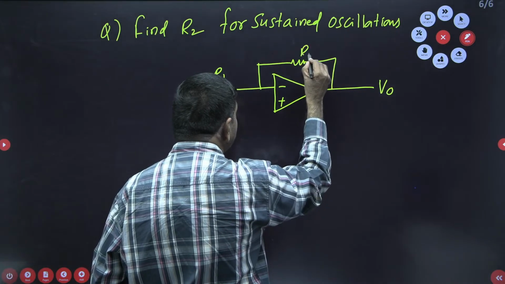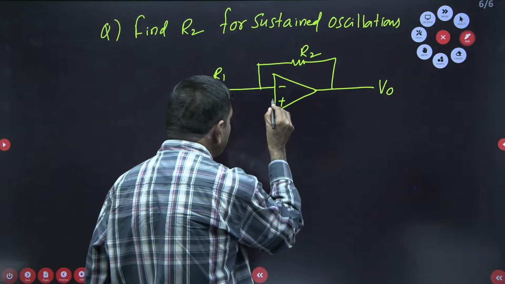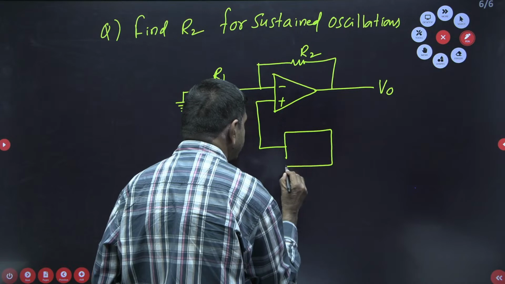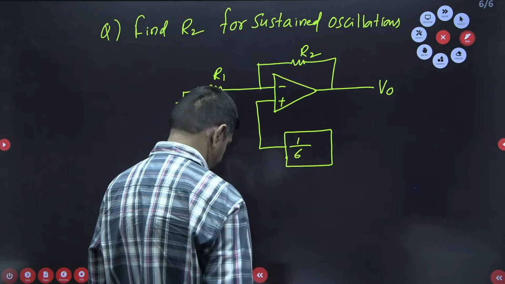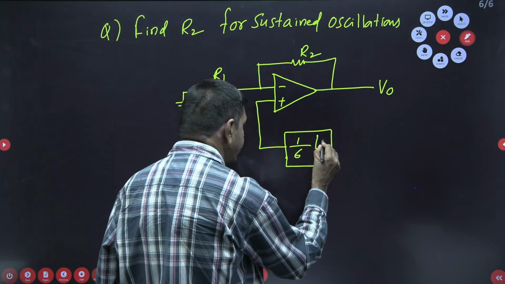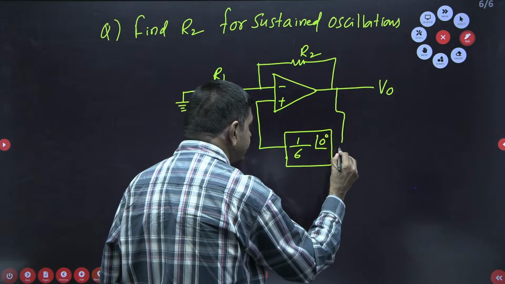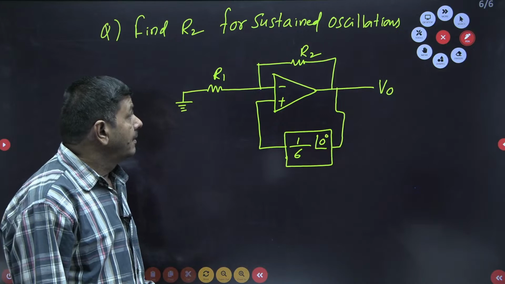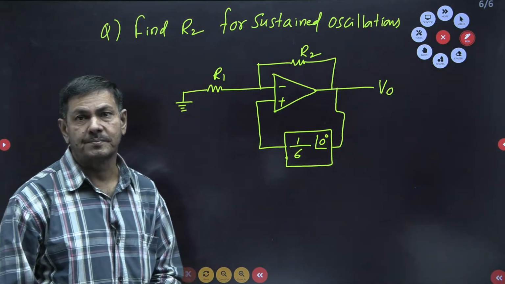And the feedback circuit is given like this. One box is connected like this. The given value is 1 by 6 at an angle of 0 degrees. Such a network is given here now. It is asking to find the resistance R2.